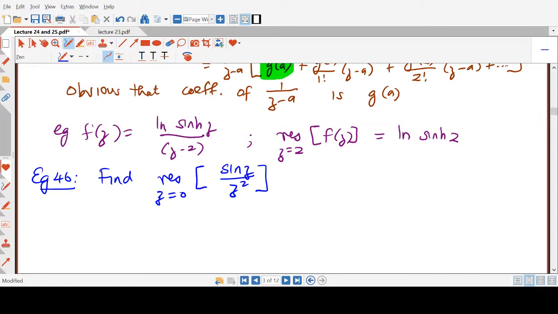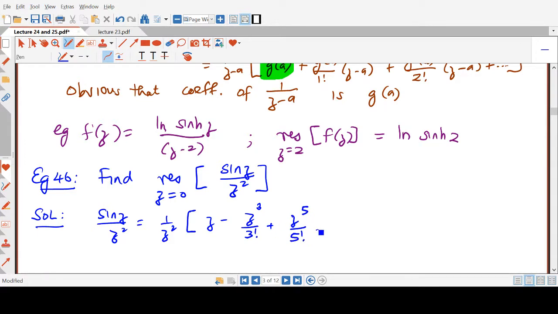Now we're going to do the Laurent series expansion of this thing here. I'll do it in two ways, although the book has done it in one way. If I take sine z over z squared, 1 over z squared into what's the expansion of sine z? It's z minus z cubed over 3 factorial plus z to the 5 over 5 factorial, and so on and so on.